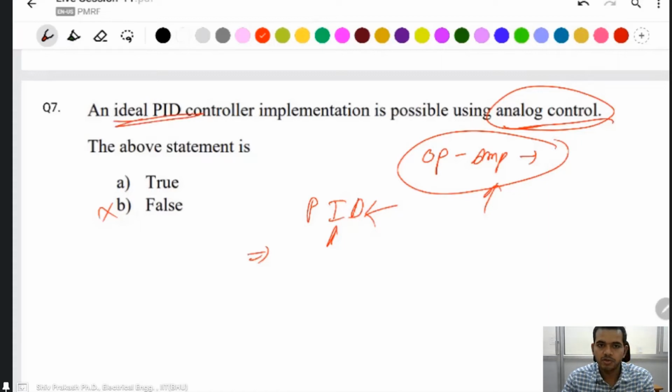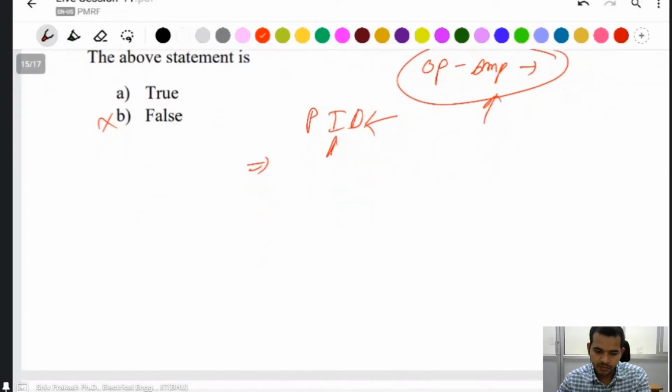For the PID controller, you use a practical PID controller with a filter in the derivative term. The magnitude of the noise also increases in a PID controller.